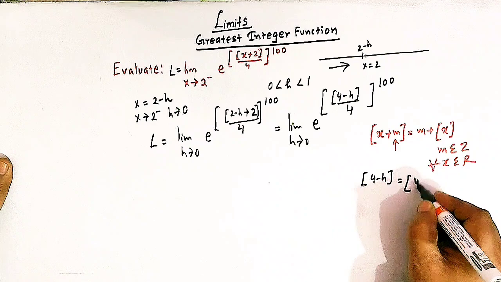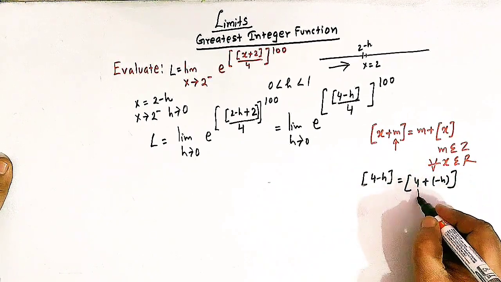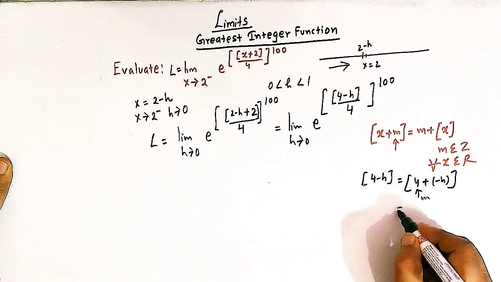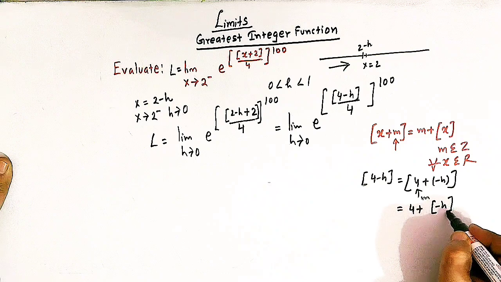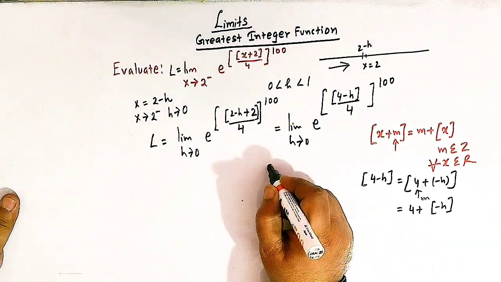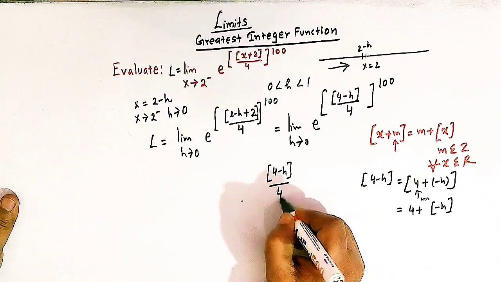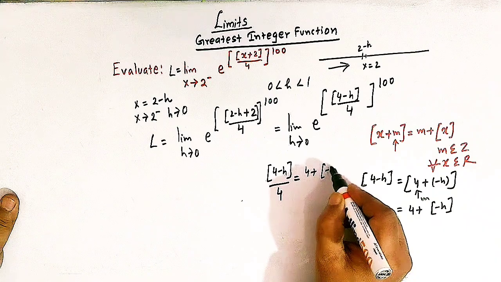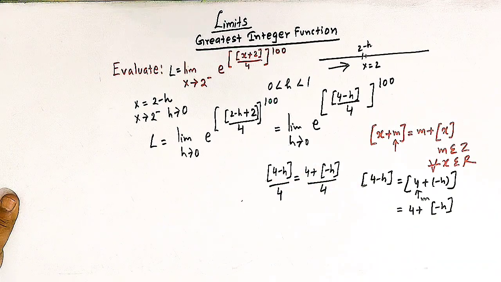So now we can rewrite this term, that is greatest integer of 4 minus h, as greatest integer of 4 plus minus h, and we can take this 4 as m. So we can now write here 4 plus greatest integer of minus h, right? So now greatest integer of 4 minus h divided by 4 can be written as 4 plus greatest integer of minus h divided by 4, right?